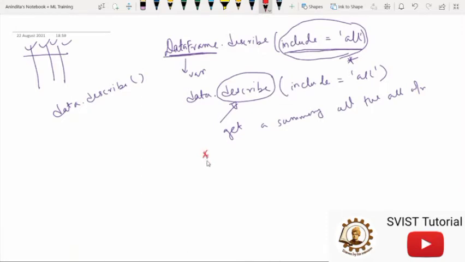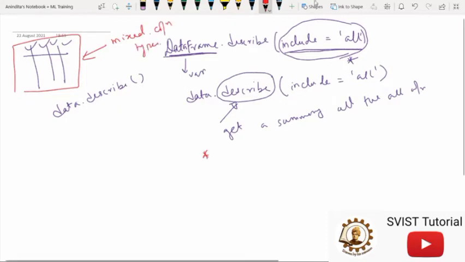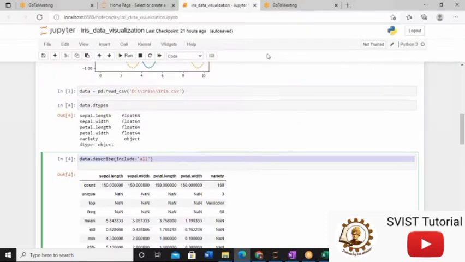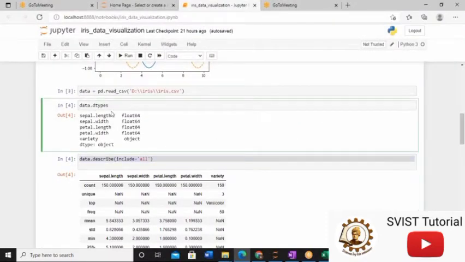Whenever your data frame has mixed column types. What do I mean by mixed column types? See, while using dtype, I have found that some of the columns are of type float and there is one column which has values of type object.